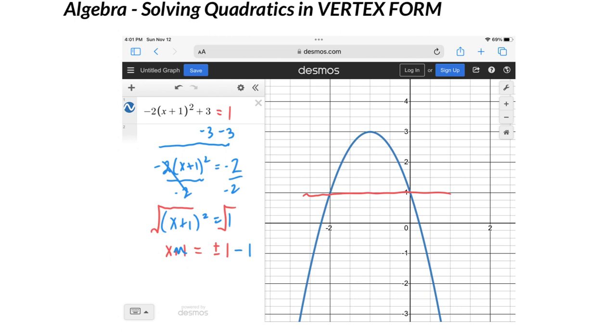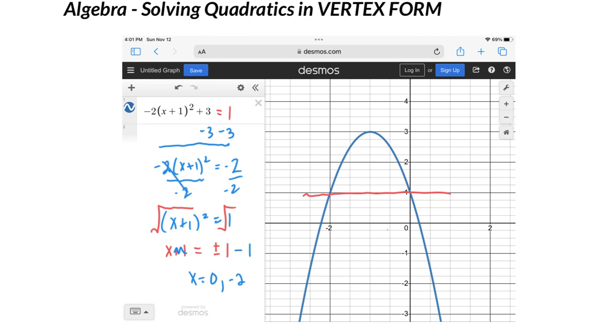And again, I would just start by saying, okay, positive 1 minus 1 is 0. Negative 1 minus 1 is negative 2. And there are my answers right there, negative 2 and 0. Okay? Do not forget to put that plus or minus. That's how we're going to get our two answers.